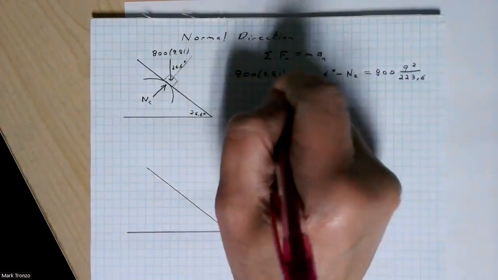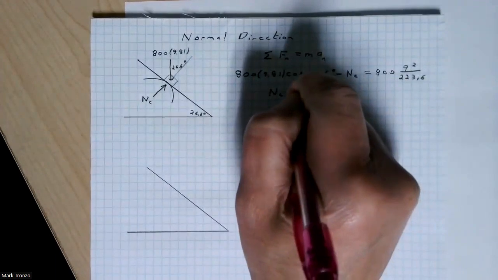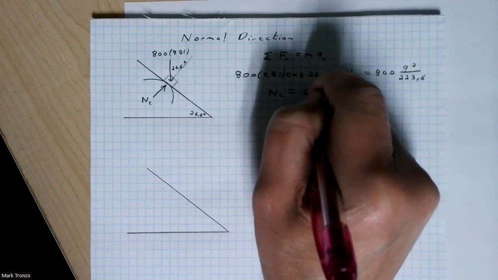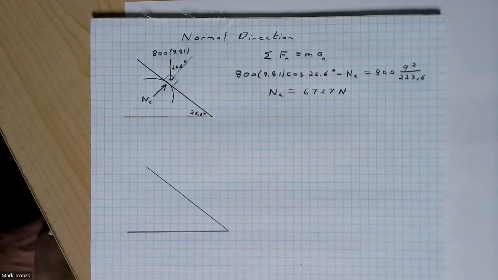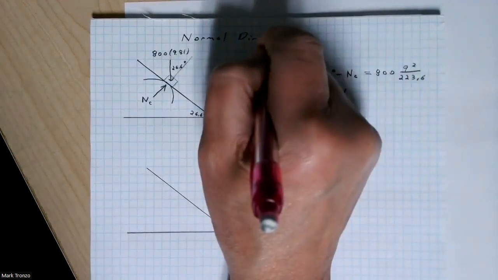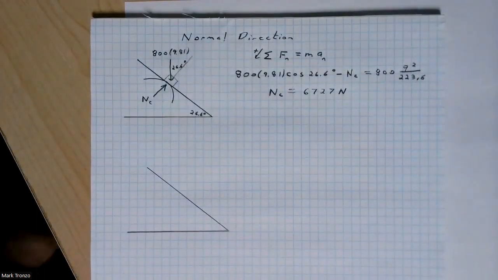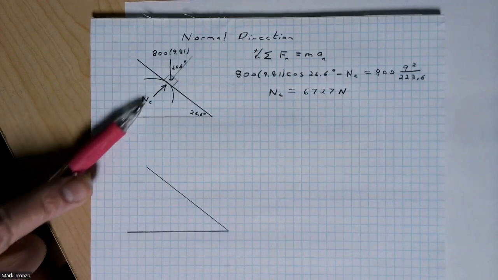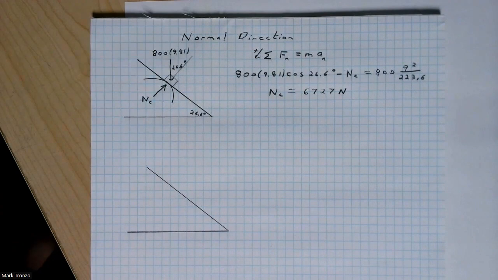When you put all that in your calculator, you get that NC, the normal, is going to be 67.27 newtons. Let me just mark here: we considered this direction to be positive, because we said this normal was out from the center. Something moving out from the center is always going to be negative.